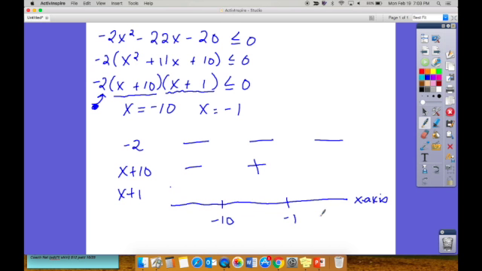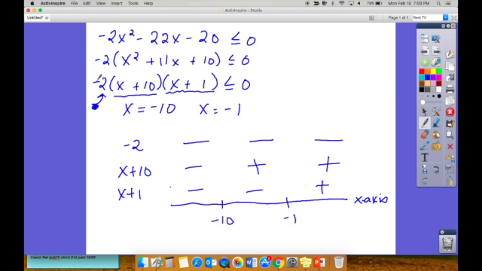You could pick 0, you could pick 1,000, you could pick 14,623,000. It doesn't matter. Whatever you pick, when you plug it in for x, you're going to get a positive number. Then we do the same thing here, and I believe we're going to get negative, positive.